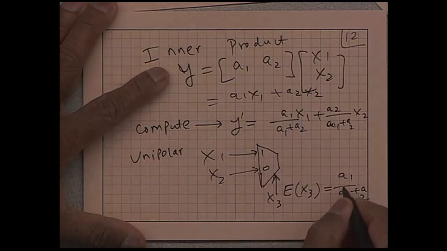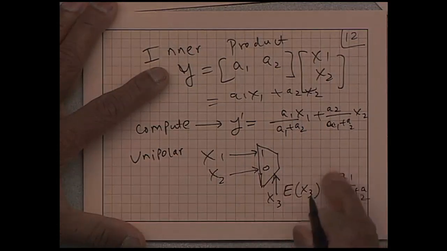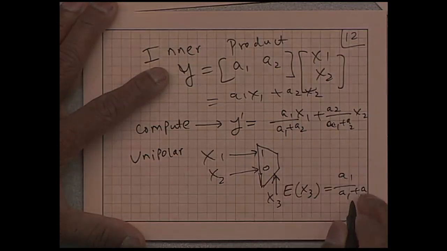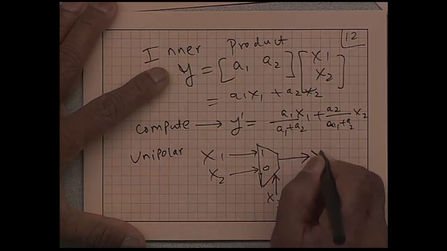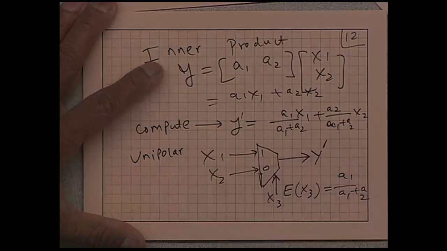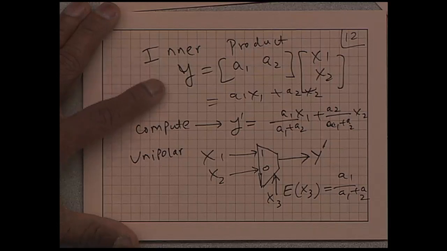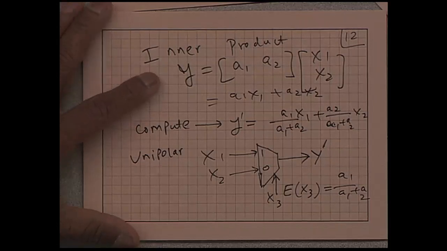If X3 is 0, and that will be 0 with probability 1 minus that, which is A2 by A1 plus A2, we select X2, and that's going to be Y prime. Okay, so that's how we can compute the inner product in unipolar. How do I compute the inner product in bipolar?